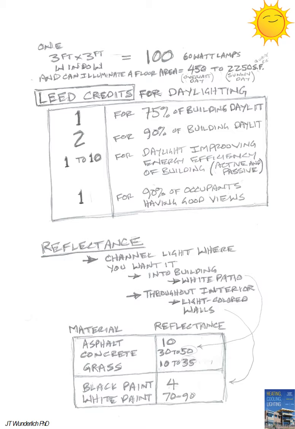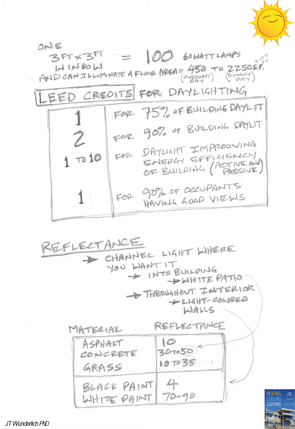So that's a double effect. So you always want to think about the thermal effects. Sometimes it's contradictory to the daylighting effects, but sometimes it's equally beneficial. And then 1 for 90% of occupants having good views. Views also, right? You must think of the psychology of the people working and reward that, and LEED does.